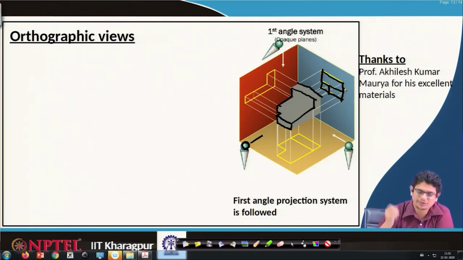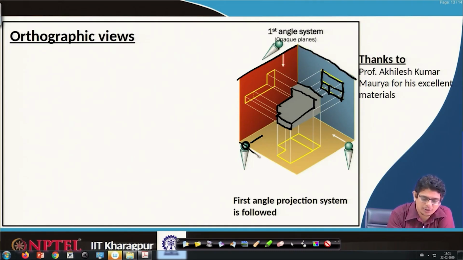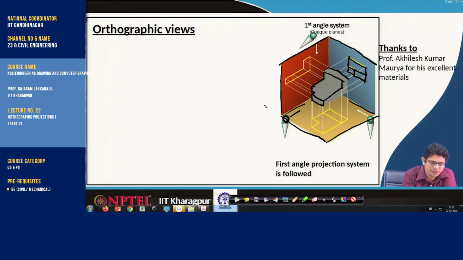So, that one comes in that way. These are the ways we look at orthographic views in first quadrant system, where the side planes are opaque and the bottom plane is also an opaque plane. However, the frontal ones, this is a transparent direction, this is also a transparent direction, this is also a transparent direction.